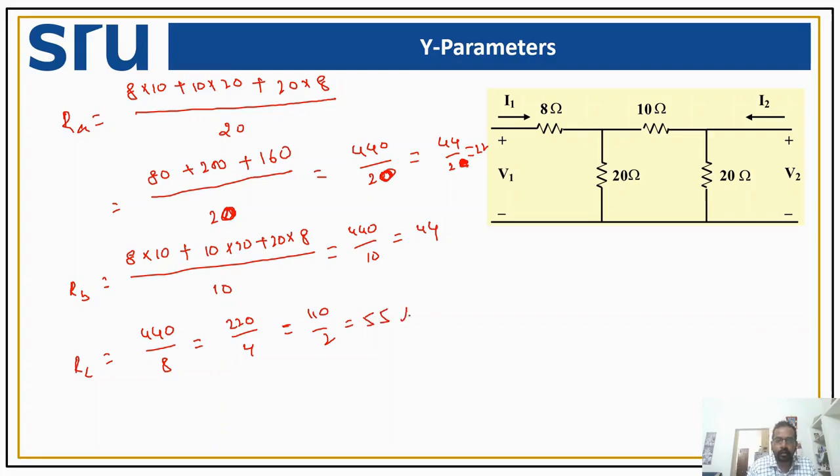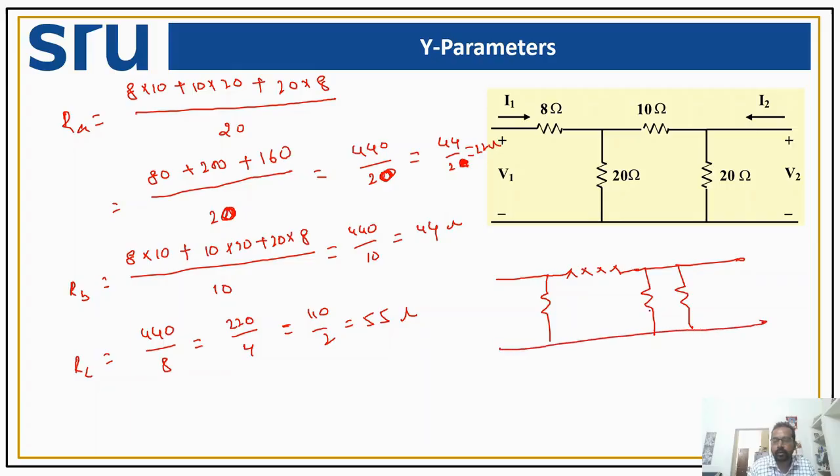So this is 55 ohms, this is 44 ohms, and this is 22 ohms. So let us redraw this particular circuit. How does my circuit look now? So we have a circuit in this particular way, and we have another resistor, and we have another resistor, and we have a 20 ohm resistor, and this is our port 2.